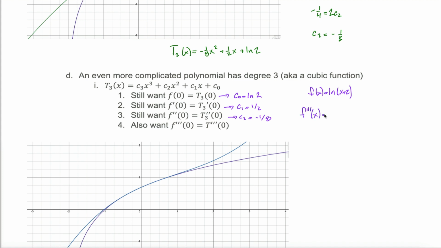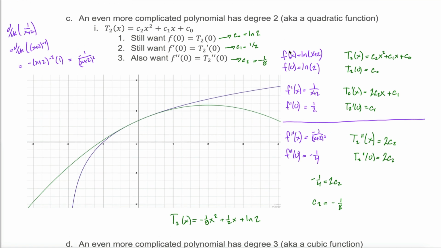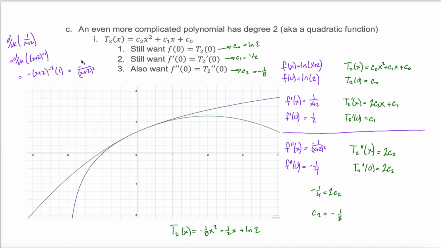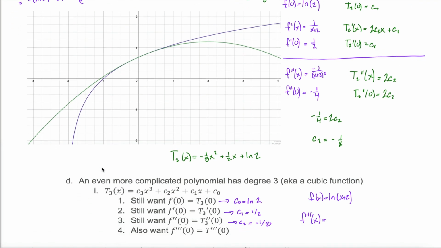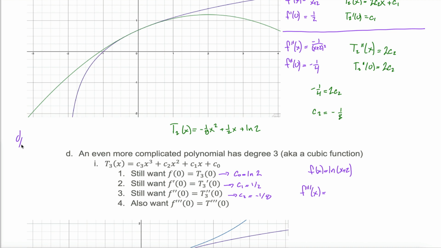The third derivative of the function is the same as the derivative of the second derivative. The second derivative is negative 1 divided by x plus 2 squared, in other words, negative (x plus 2) to the negative second power. So the third derivative will be the derivative of negative (x plus 2) to the negative second power. If I'm taking this derivative, I use the power rule. I bring the negative 2 down in front.